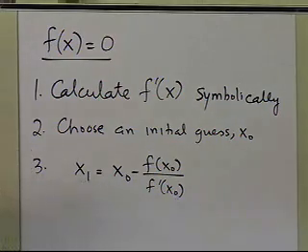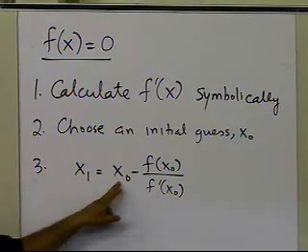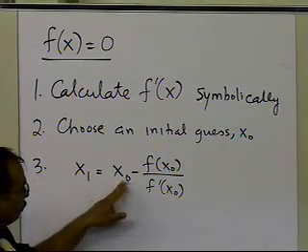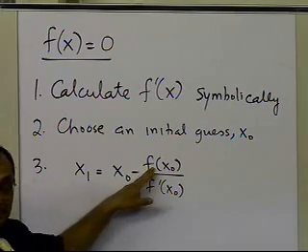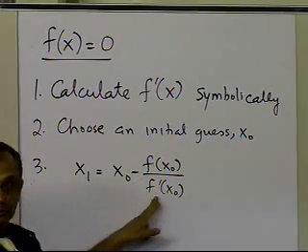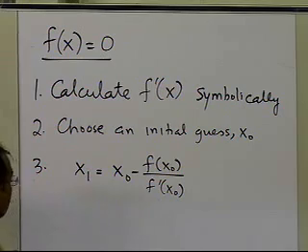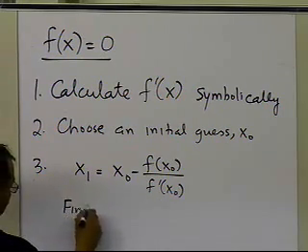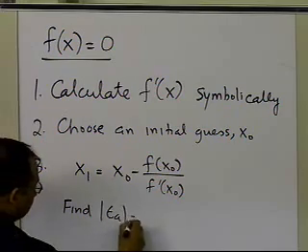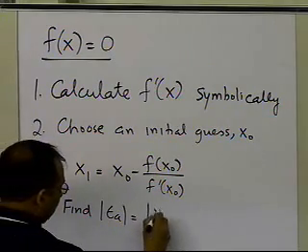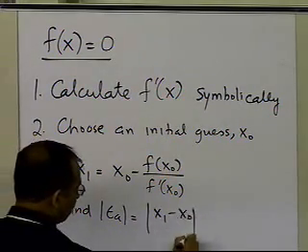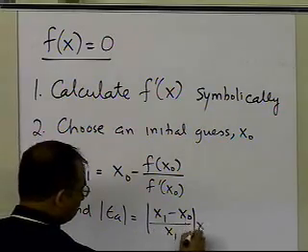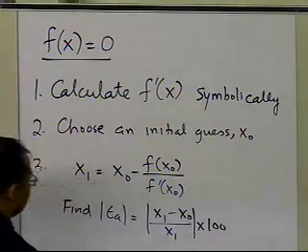So it's very easy to calculate the next guess, because all it requires is the initial guess which you chose, the value of the function at that initial guess, and the value of the derivative of the function at the initial guess. And then you're going to find the relative approximate error, which will be the present value minus the previous value divided by the present value times 100.